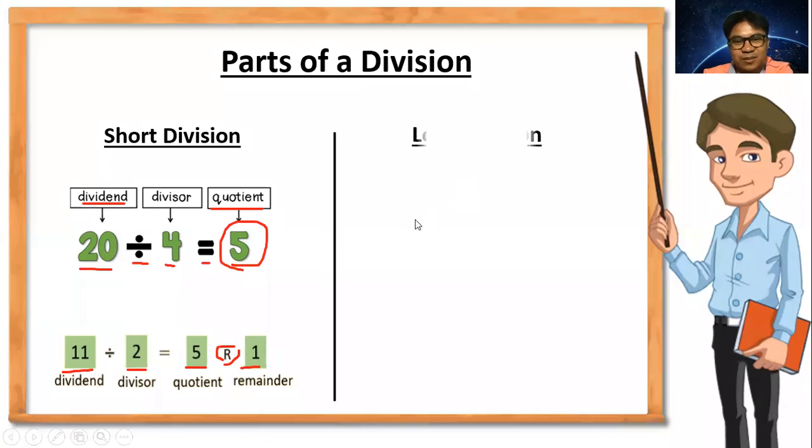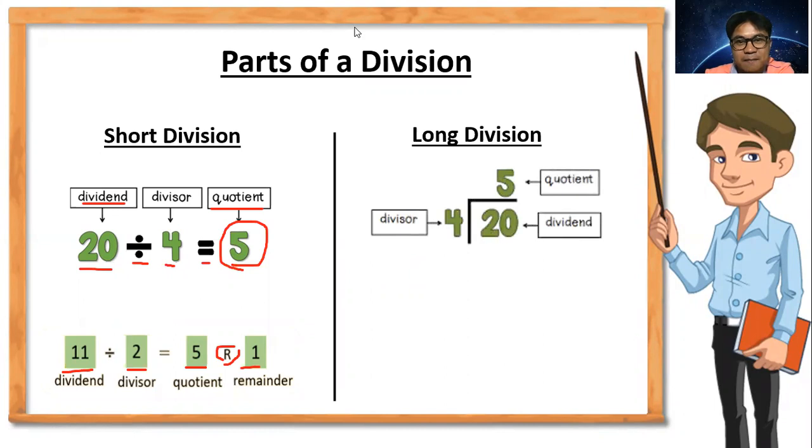And in long division method also, class, you can see like this. This is the dividend inside this symbol. And then this is the divisor on the other side. And then above is the answer, or the quotient. Okay.